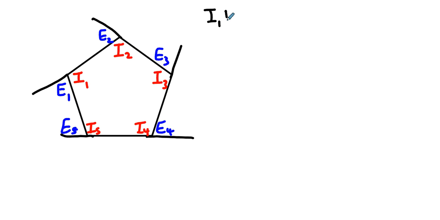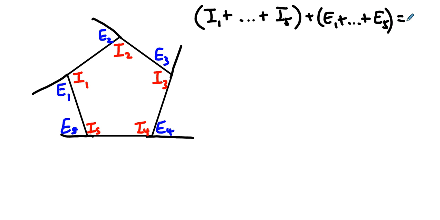These add up to 180 because they're supplementary, and so on around. So I1 plus up to I5 plus E1 up to E5. That's just adding all 10 things that you see. That's 180, that's 180, that's 180, that's 180, that's 180. That's 5 times 180 degrees. Well, what is that? What do we have to do with that? Well, we know what this is. This is 5 minus 2 times 180 degrees.